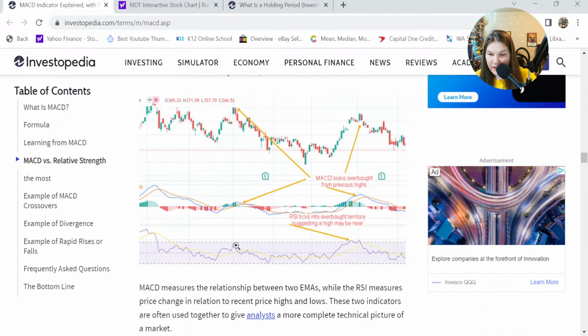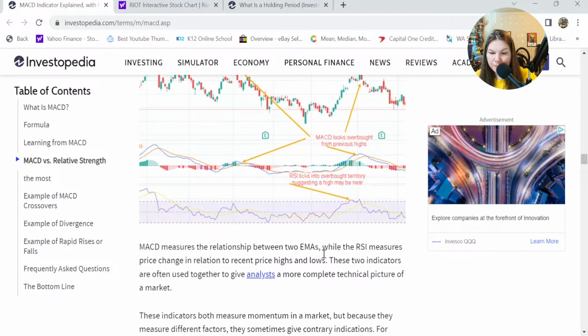So as you can see, it almost ticked up here out of the way, and then they have it marked. And then it did tick up overbought here, and it showed here. So whereas this one had a clear line that it was overbought, this one showed twice, right here and right here, that it appeared overbought. And this one showed that it was overbought.